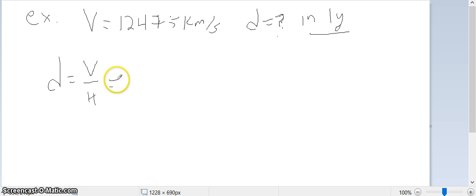In problem 3 and in this example, I'm going to use the standard Hubble constant nowadays, which is right around 72 kilometers per second per megaparsec. That's the thing that most people use.